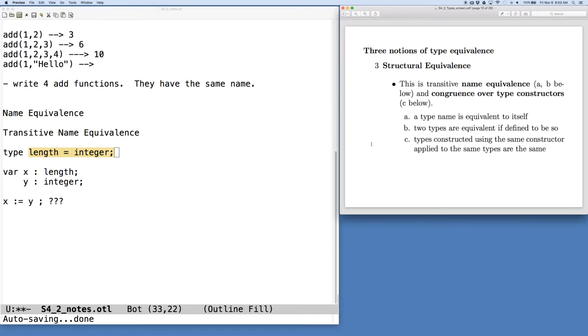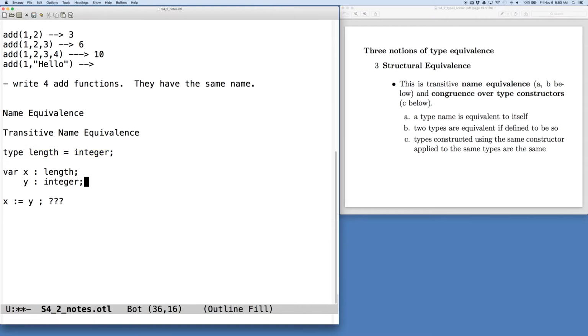All right. The third type is called structural equivalence, and structural equivalence is one where we don't concern ourselves with only the name, but we want to look at the structure of the data as well. So here we take a few things into consideration. Under this scheme, if the two types have the same name, then we consider them to be the same. So two integers, of course, have the same name, and they're the same type. If they're defined to be the same, so this would be our transitive name equivalence we just saw, then we also consider them to be the same.